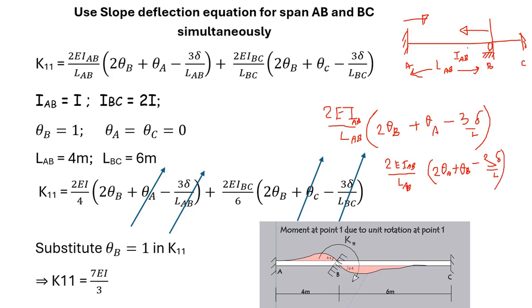Now it depends upon from which point you start writing the slope deflection equation. So this is the equation for the moment AB.